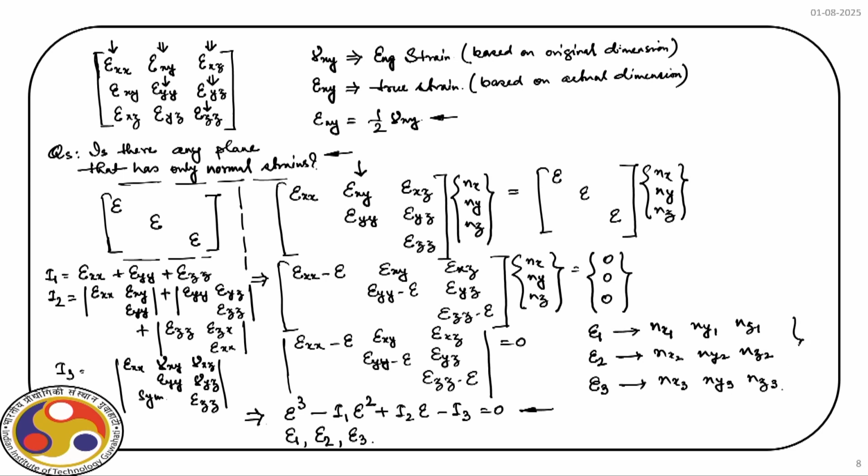So, these are the three sets of direction cosines that define the plane for epsilon 1, epsilon 2 and epsilon 3. And as per our definition, you see there are no shear strains, and hence these are the planes where we will not get any shear strain.